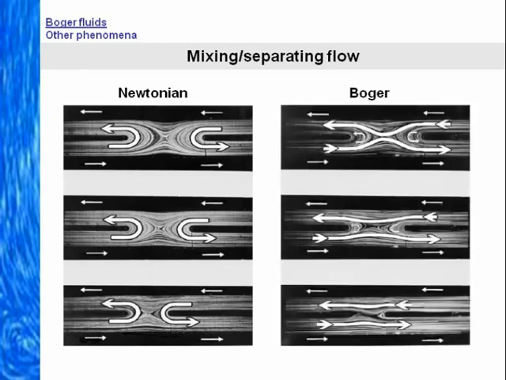In the corresponding experiments for Boger fluids, symmetry is elusive and difficult to generate. Also, there is now a strong preference for unidirectional flow, with a smaller component of reversed flow. Loosely, one might say that Boger fluids have an aversion to turning corners.